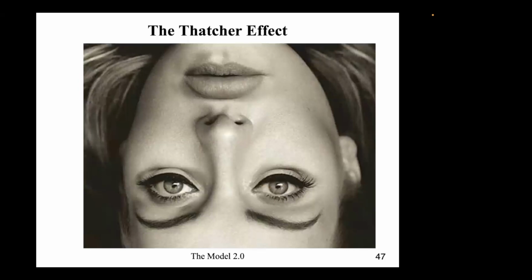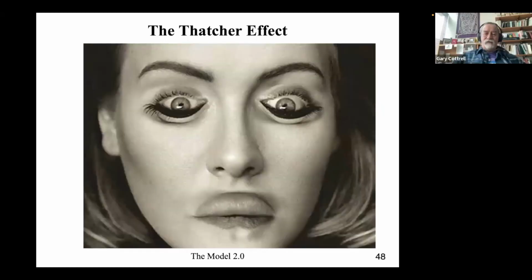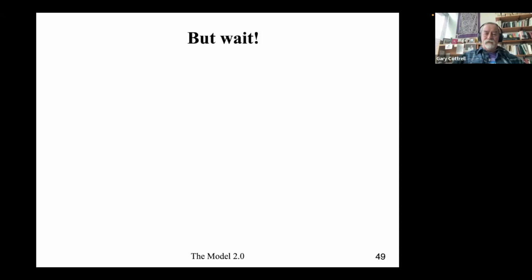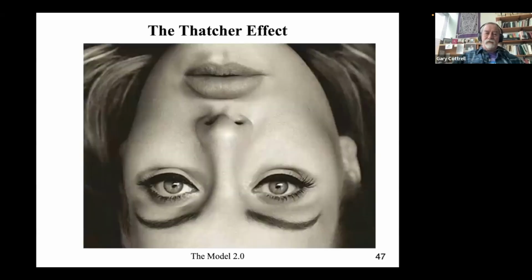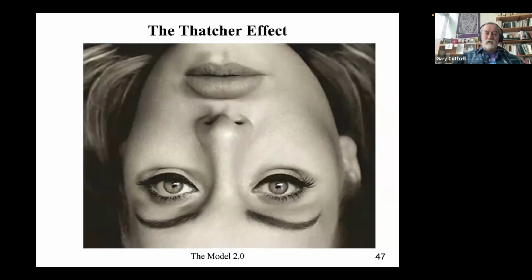Adele, yeah. But she's had her features inverted in this image, so when she's right side up, it looks very strange. Okay, so that's an example of how configural information is important, and we're much worse at upside down faces.